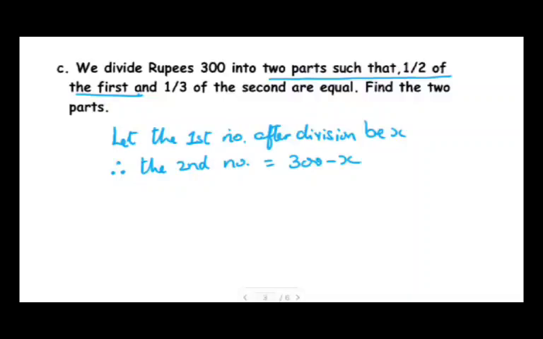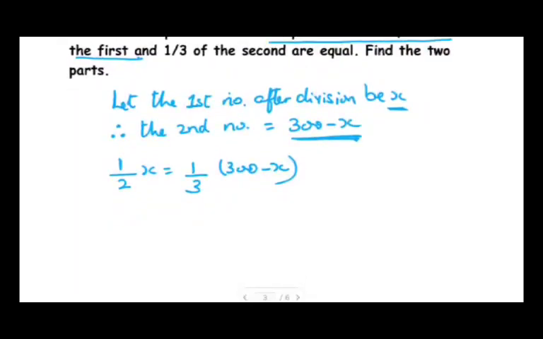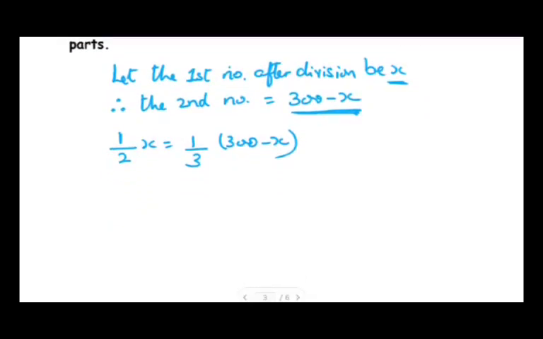So now it says two parts such that half of the first is equal to 1/3 of the second. This is my second. So 1/3 of the second. Alright. Yes, children. So that's my equation. Find the two parts.